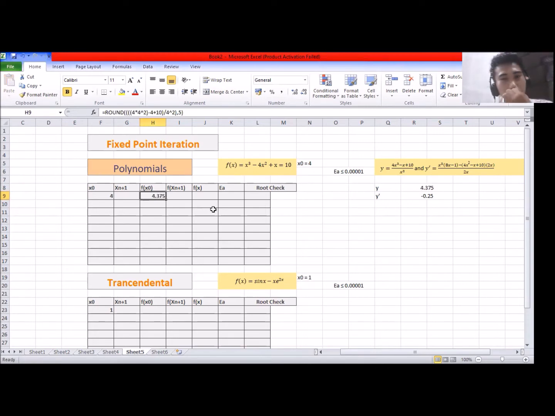So getting the function of x, we simply use the formula itself here. We're getting the x n plus 1.